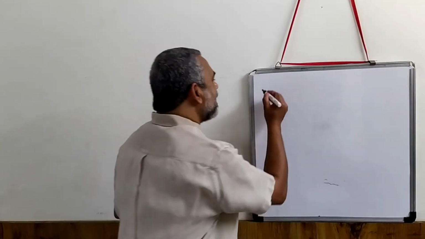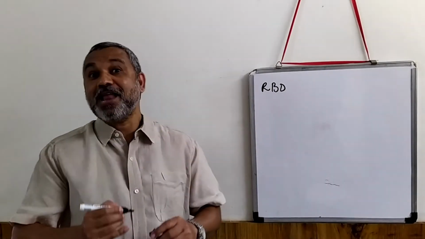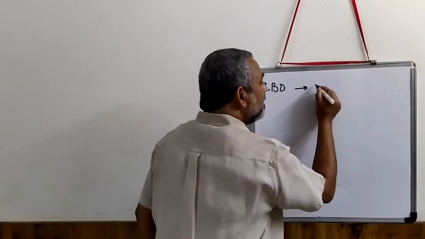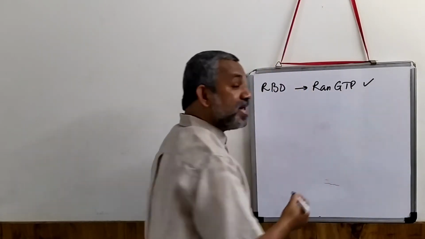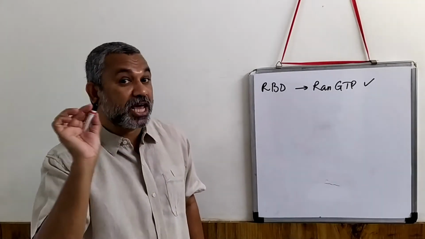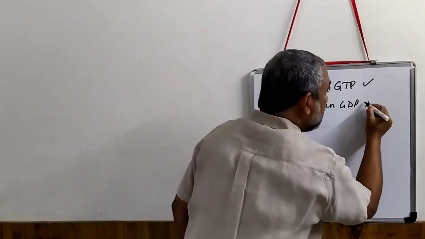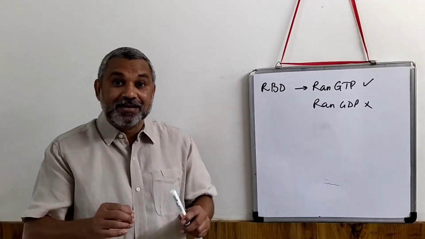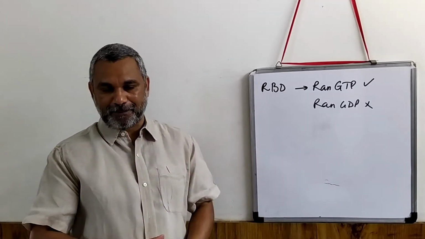One of the interesting aspects is how they established the role of Ran protein. There is a Ran binding domain. This Ran binding domain is able to combine with Ran-GTP, but it cannot combine with Ran-GDP. This aspect is used in understanding the role of Ran protein.